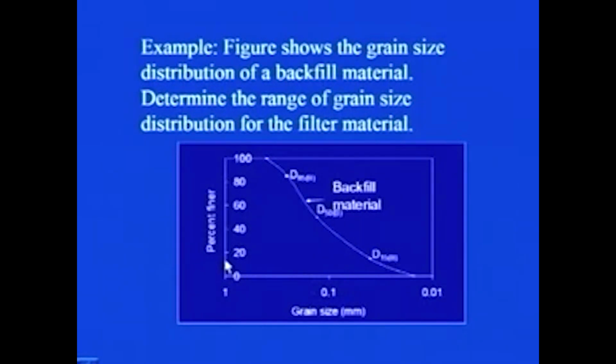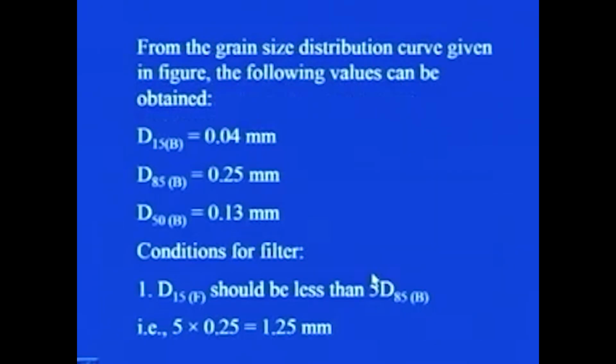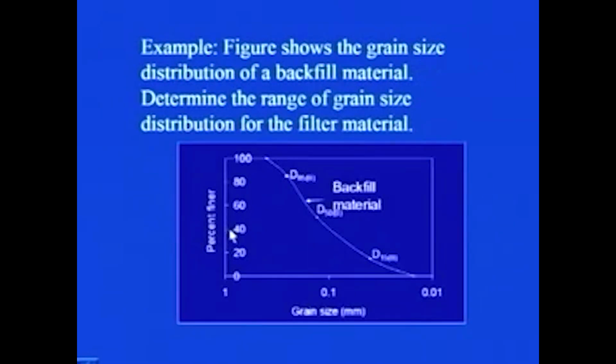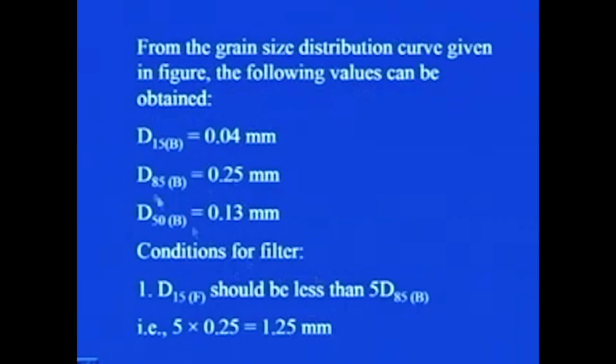Similarly, you can find D50: you see this is 40, this is 60, you take the 50 value here, go down and read the corresponding value, which is 0.13 in this case, and then D85B is 0.25 mm.